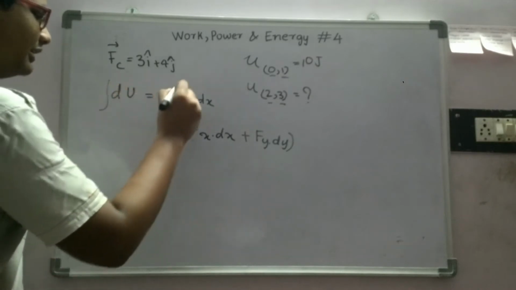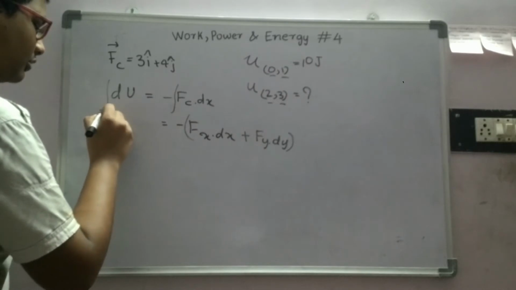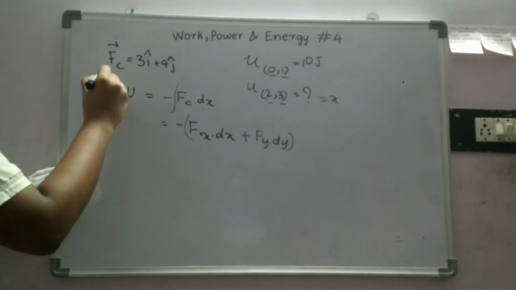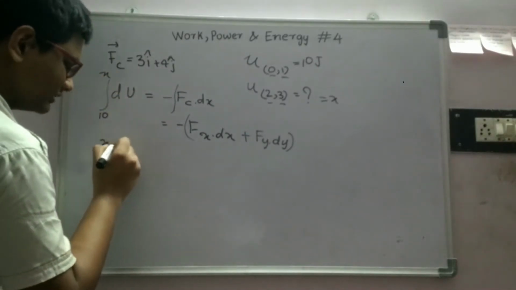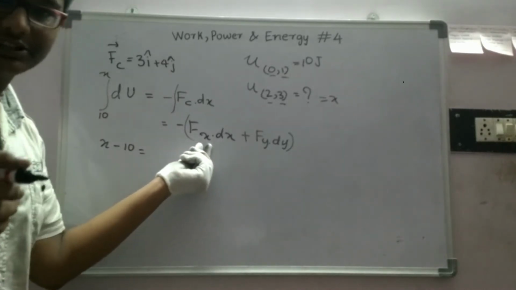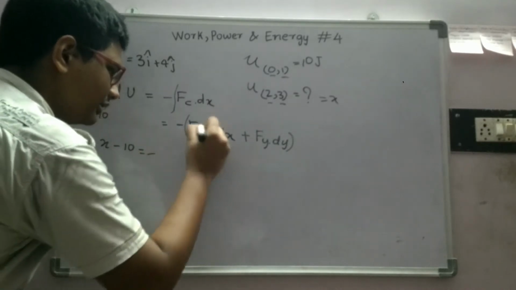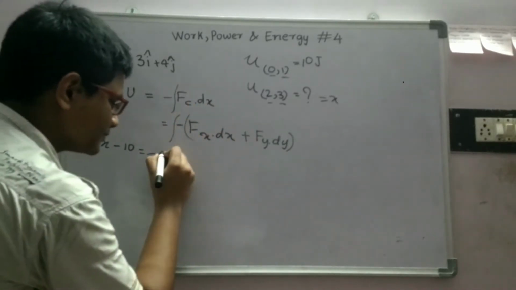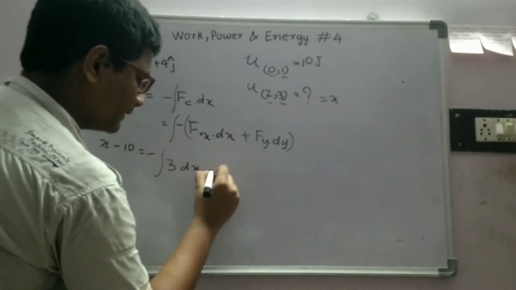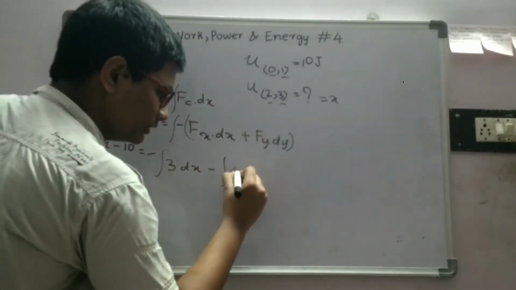Integrating this, we get from 10 to let this be x. We must find x, right? This is nothing but x minus 10 is equal to minus Fx, force in x direction. What is it? 3. Now we must integrate this, 3 dx minus 4, force in y direction, dy.